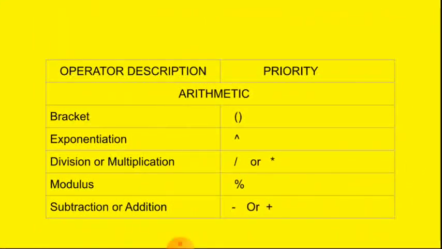Operator description and priority. In arithmetic, operator descriptions are bracket, exponentiation, division or multiplication, modulus, subtraction or addition. Can you see the symbols?